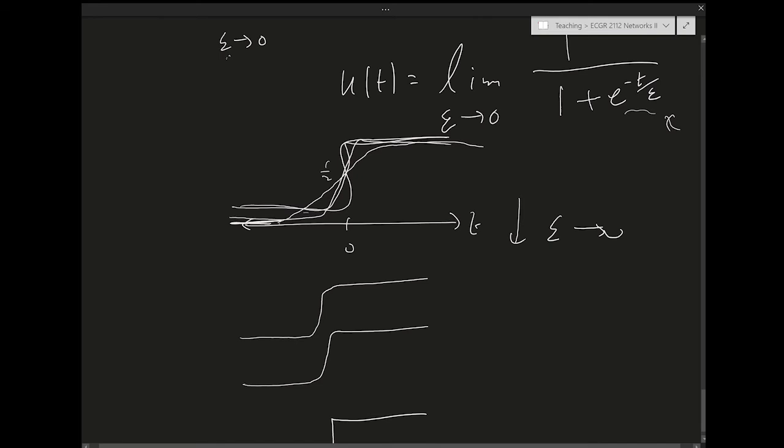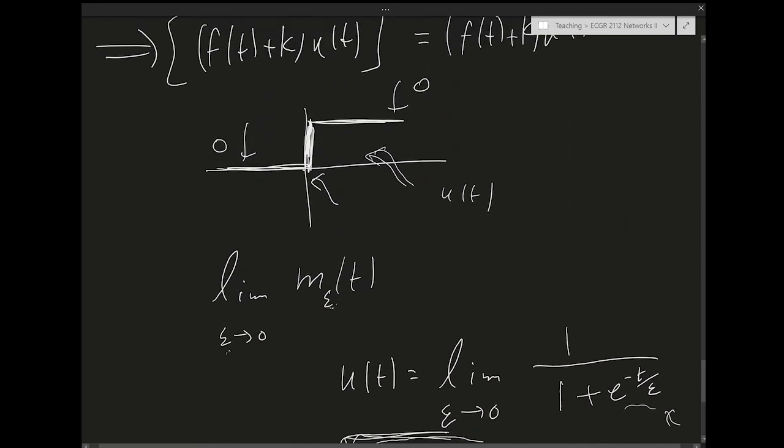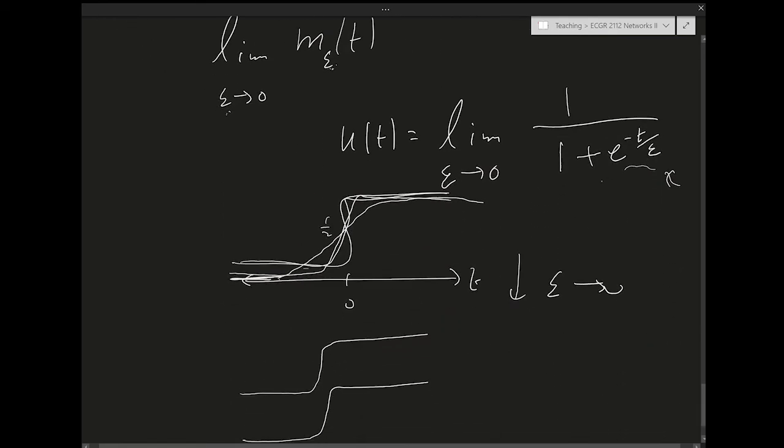This is a good way to approximate the Heaviside step function, as the limit of a family of functions as epsilon goes to 0. Why is it useful to imagine the step function this way? Because this we can differentiate easily, and it will give us what u prime of t is.